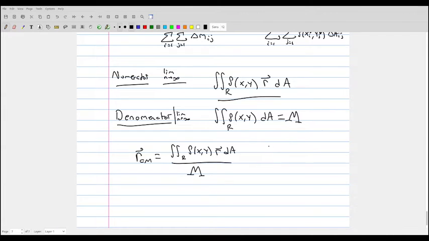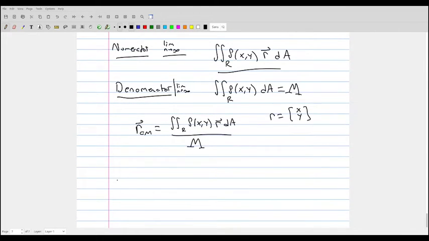Or if you remember that R is equal to x, y, and our center of mass has two components, an x component and a y component, you get two separate formulas. The first formula is that the x coordinate for the center of mass is going to be the double integral over R of the density function times x over m.